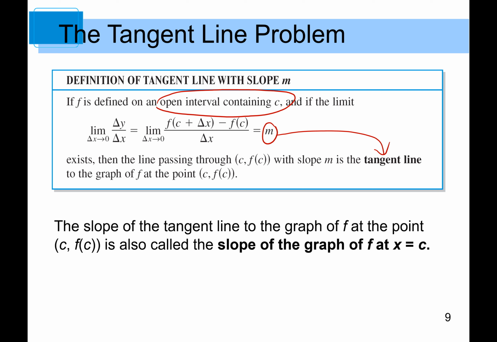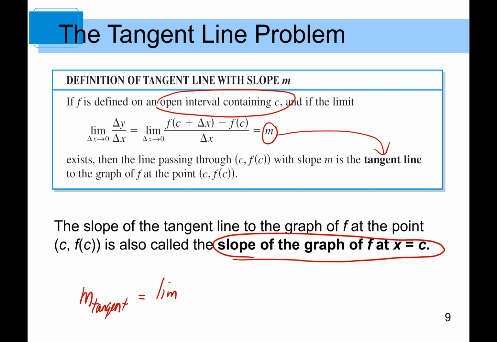The slope of the tangent line to the graph of f at the point C, f of C is also called the slope of the graph of f at x equals C. So the slope of the tangent line equals the limit as delta x approaches 0 of f of C plus delta x minus f of C over delta x.